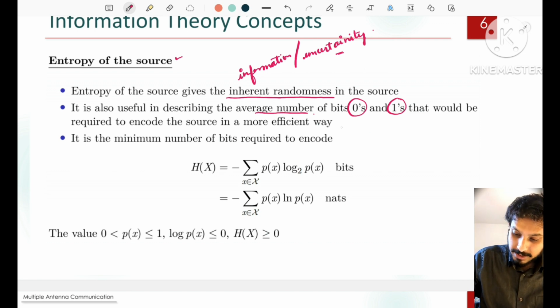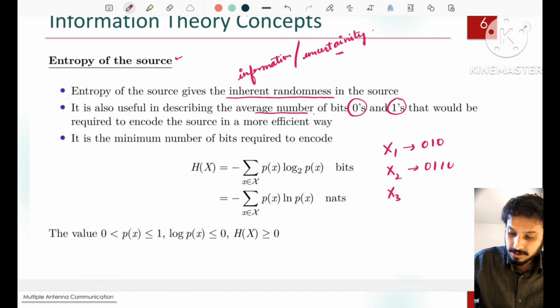So let's say we have three sources, x1, x2 and x3, and let's say these bits are used to encode these symbols. For x1 we require 3 bits, for x2 we require 4 bits, and for x3 we require 5 bits.